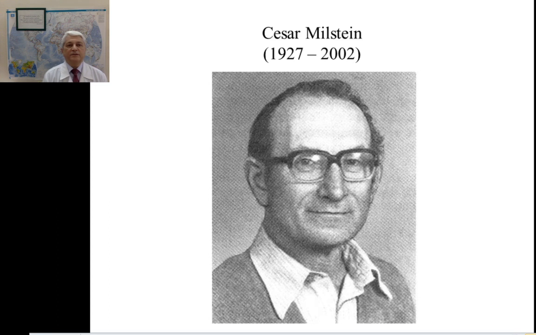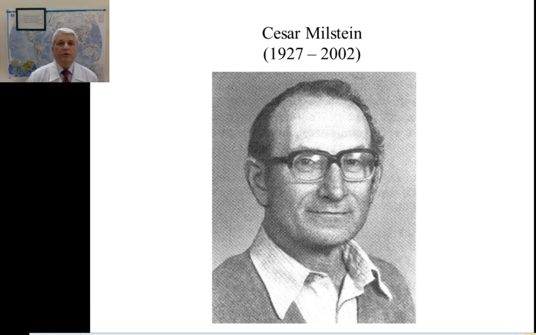This is a different situation if to compare with Edelman and Porter. Edelman and Porter worked in different laboratories, but studied the same immunoglobulin. And Köhler and Milstein were working together in Great Britain. One came from Germany and second came from Argentina.